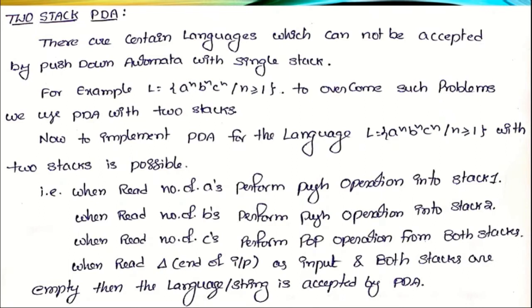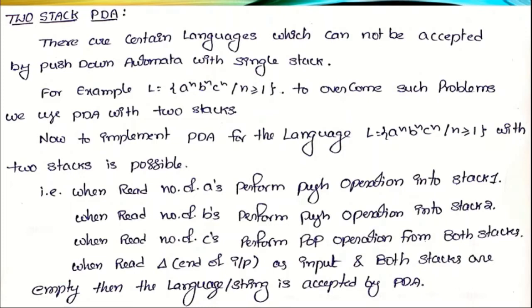For example, consider the language a power n, b power n, c power n. With a normal pushdown automaton, we are not able to implement a PDA for that language. But if we construct the pushdown automaton with two stacks, it is possible. Why?